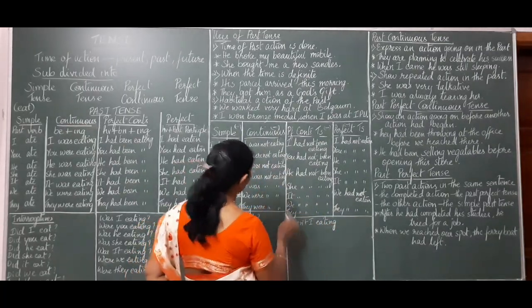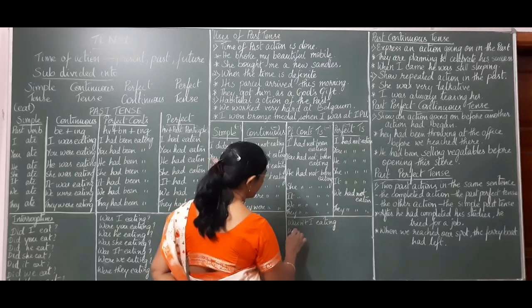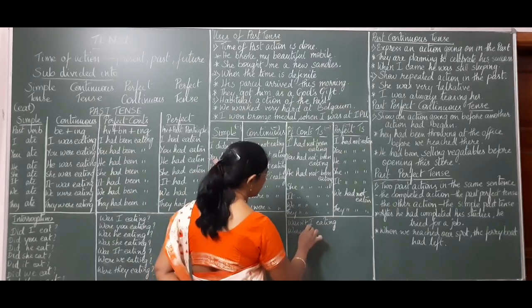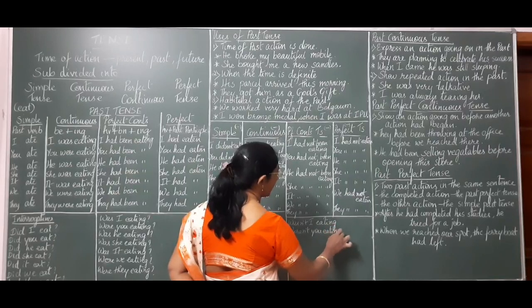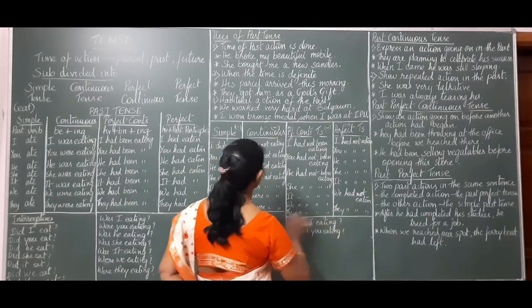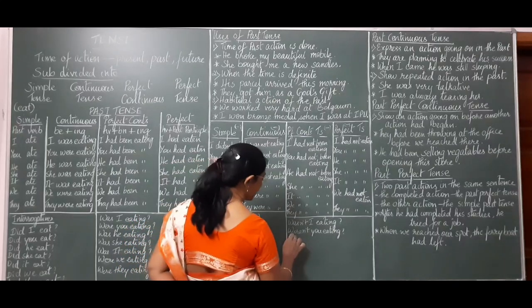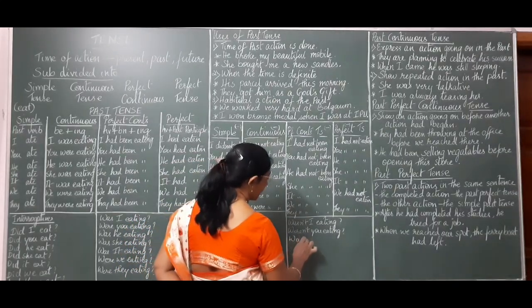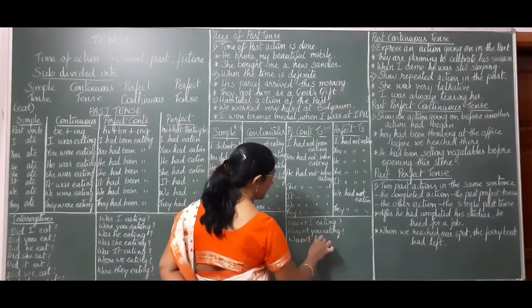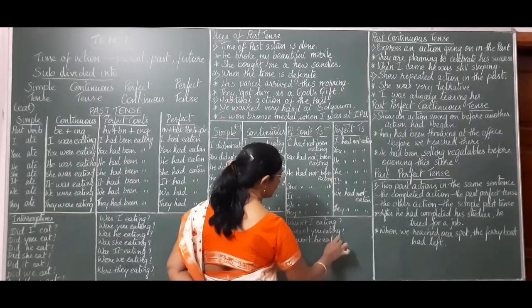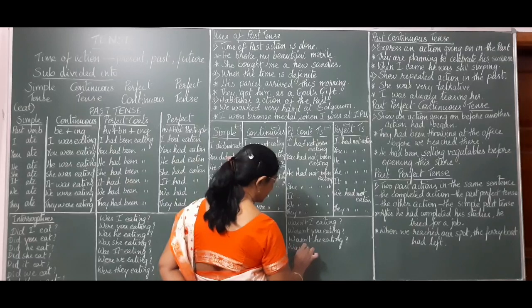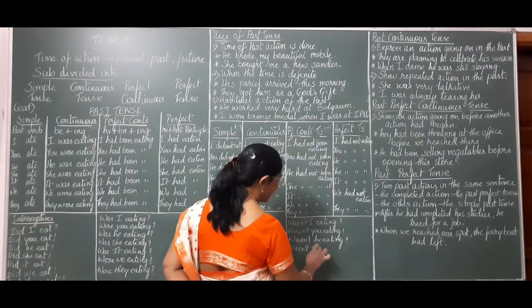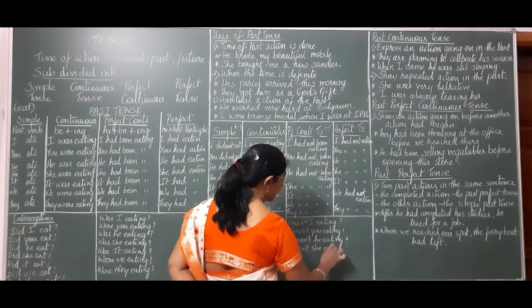For you, weren't you eating? End up with a question mark. Third person, wasn't he eating? So also with she, wasn't she eating?